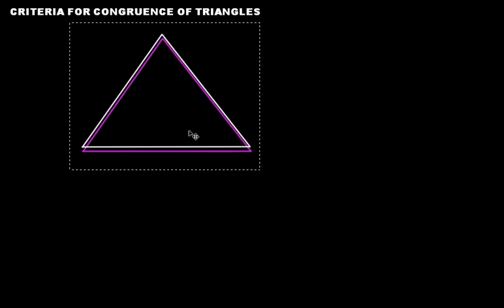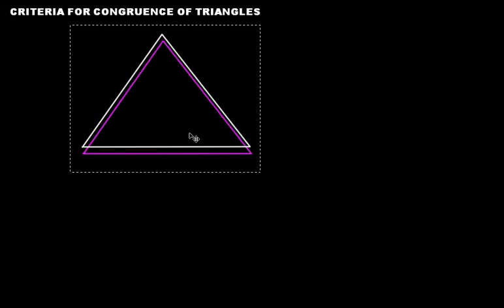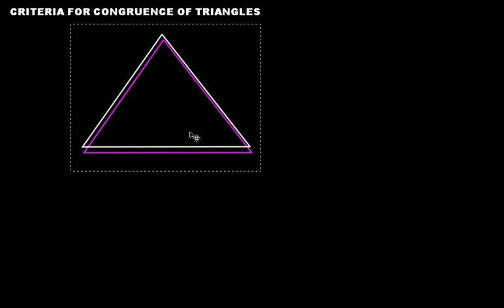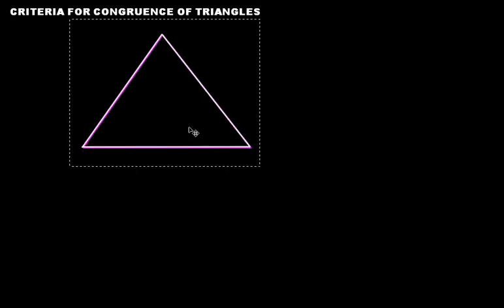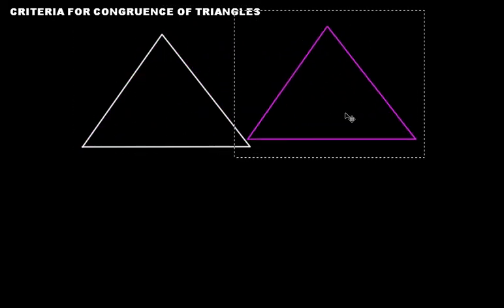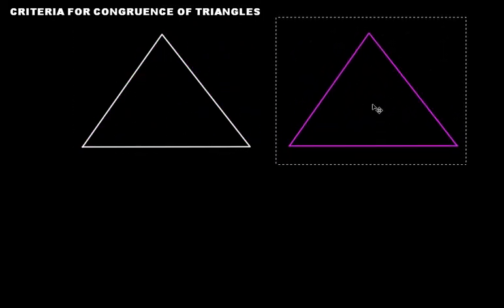If the two triangles are of the same size and shape, then they will cover each other completely. That is, if the pink one falls exactly over the white one, and in this case it happened. So yes, these two triangles are congruent. We can see the pink one has completely covered the white one.